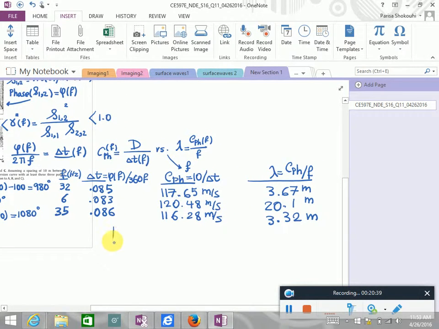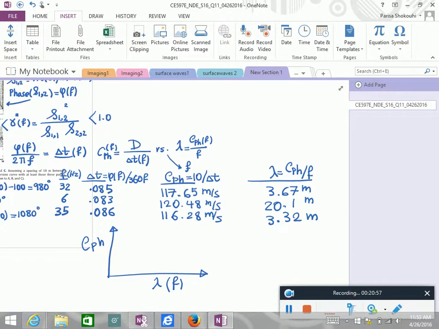And then, of course, the dispersion curve is the plot of phase velocity versus wavelength. It doesn't matter if x and y are reversed. You can sometimes have frequency here, and then you have a few points. So this was what I expected you to do for the quiz.